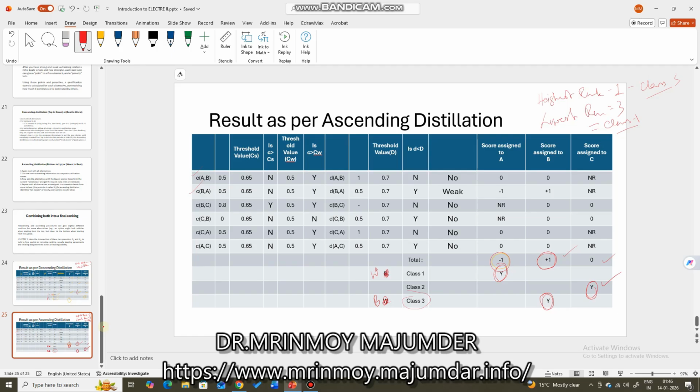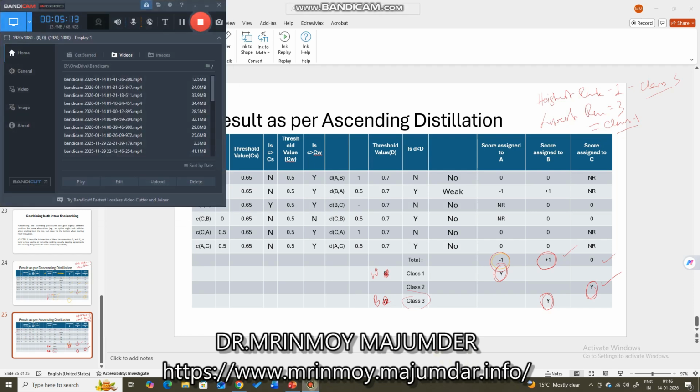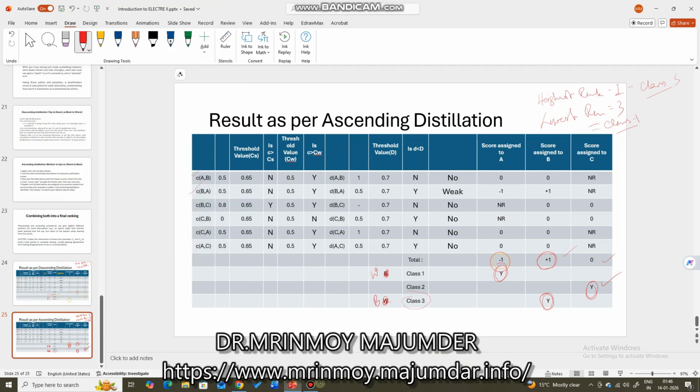So that way, this alternative is placed into the middle. So that is the way ELECTRE spots the most preferred alternative.